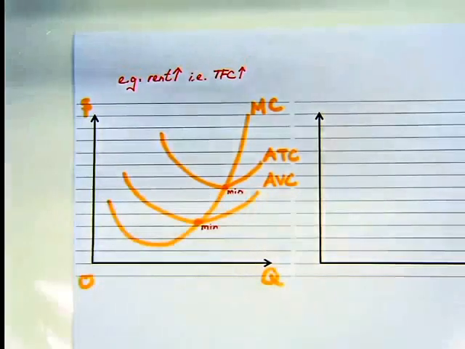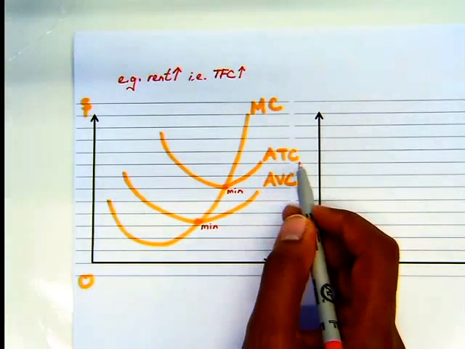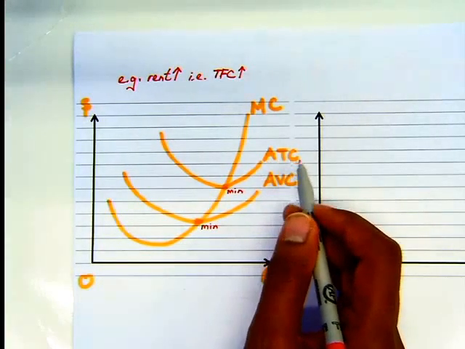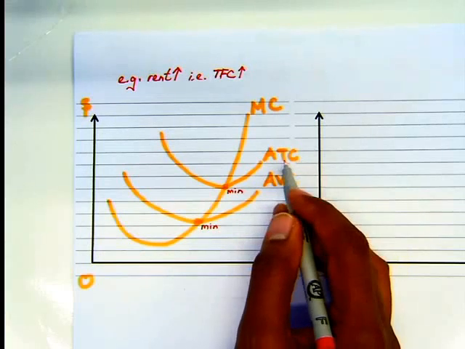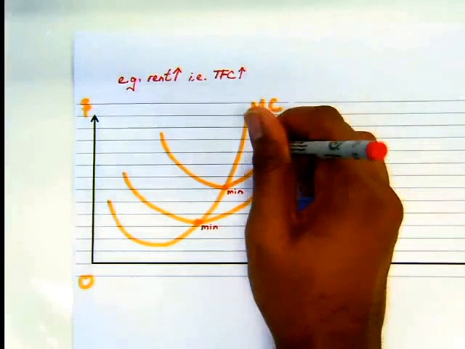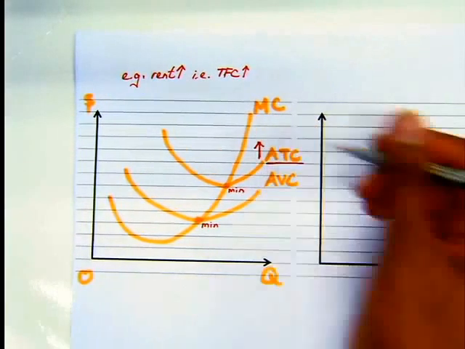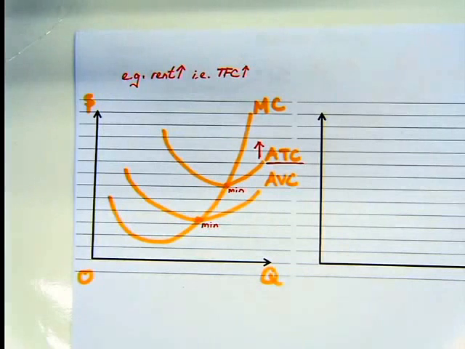Now, regardless of the type of cost, the average total cost will go up because the T stands for total. So no matter what type of cost it is, the average total cost will increase, because it includes all types of costs, yeah?